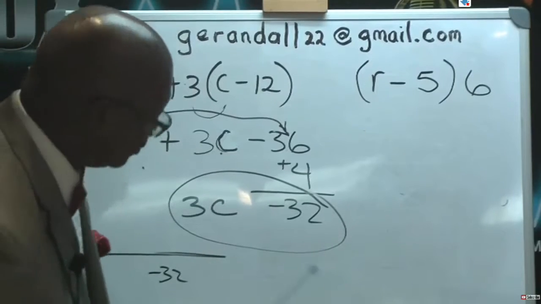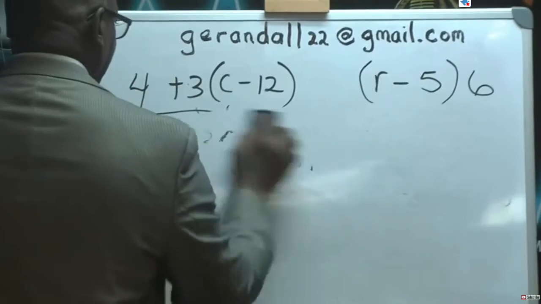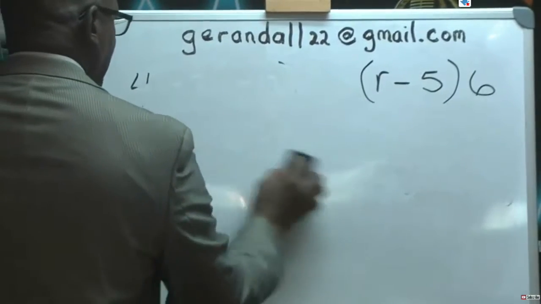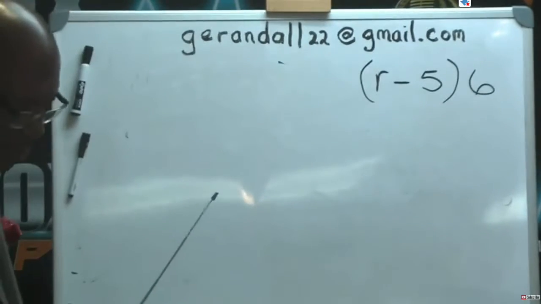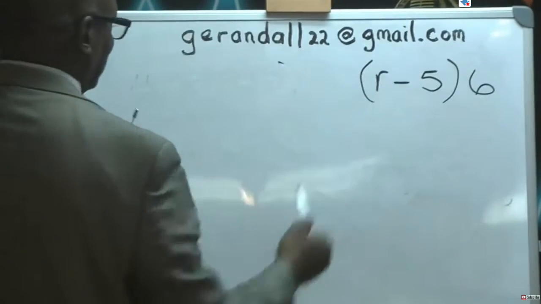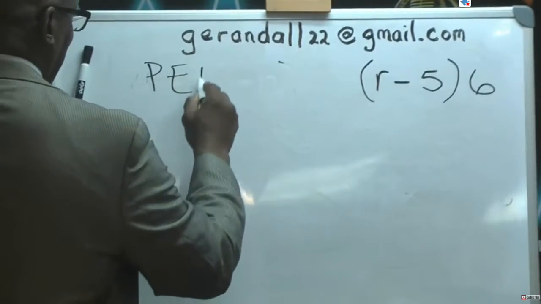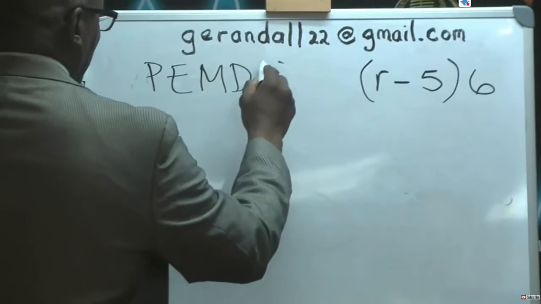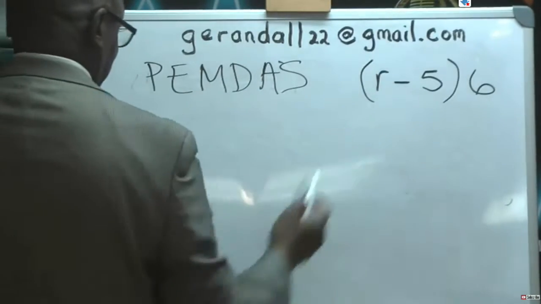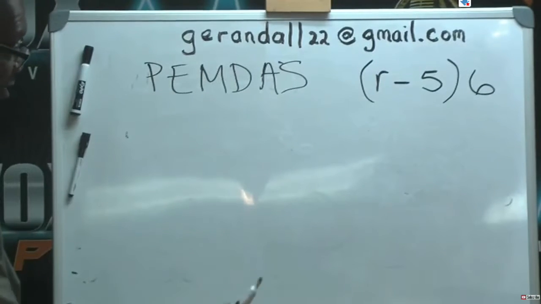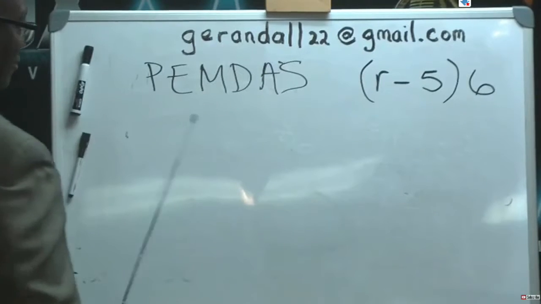Let's look at the other one. And that's simpler. And again, we have parentheses. If you remember, please excuse my dear Aunt Sally, says do the parentheses first, can't do them because R and 5 are not like terms.